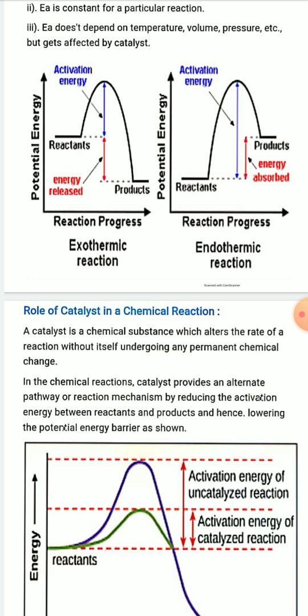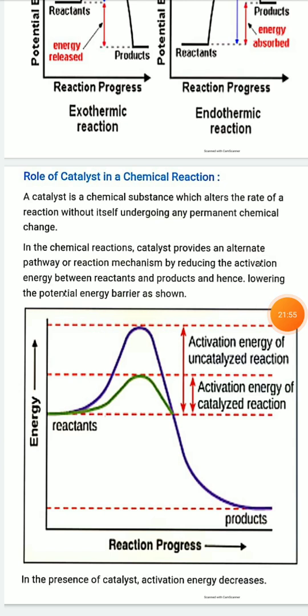So these two graphs show, one is for exothermic reaction, where energy of product is lower than the energy of reactant, and the second graph shows that energy of product is higher than the energy of reactant, that is energy absorbed. So this is endothermic reaction.